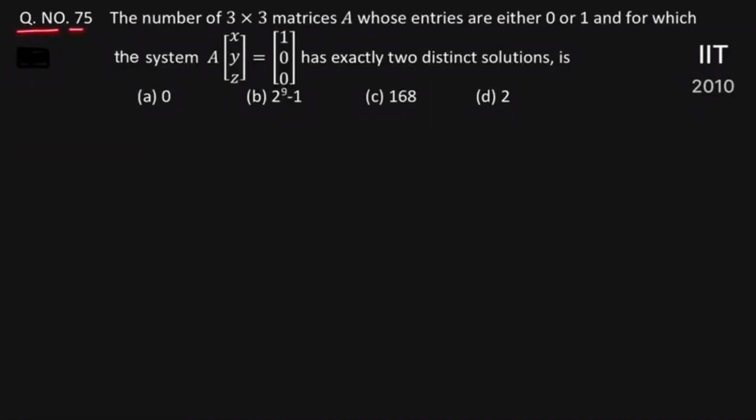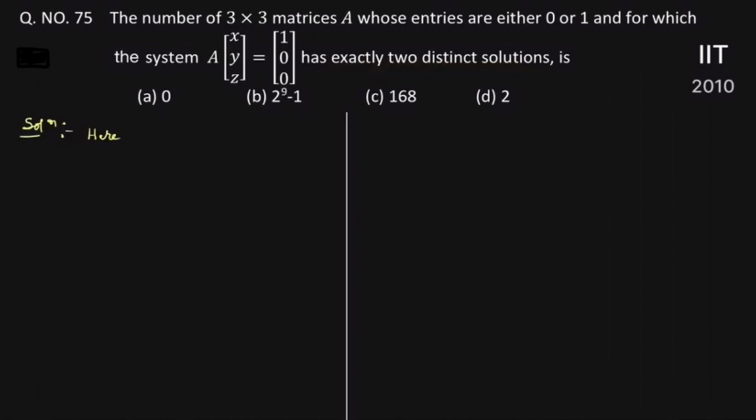Question number 75. The number of 3 cross 3 matrices A whose entries are either 0 or 1, for which the system A times the matrix of x, y, z equal to the matrix of 1, 0, 0, has exactly 2 distinct solutions. Let's see the solution of this question.